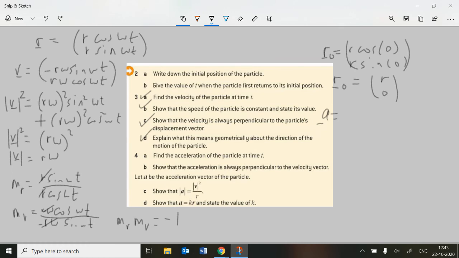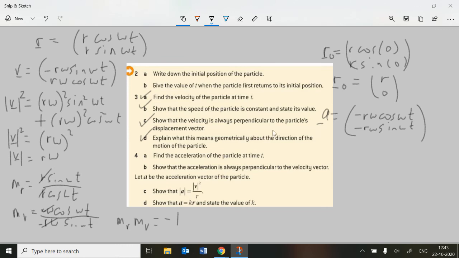Again, this is just a constant outside the front, and we'll need to use the chain rule again with this. So that will give us minus r omega cos omega t, and then underneath, we're going to get minus r omega sine omega t. And there we go, that one's done.